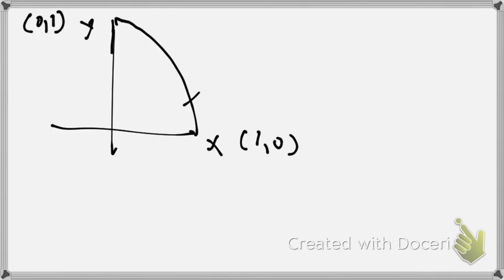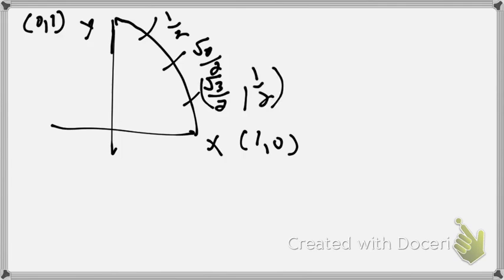Since it's going from 1 to 0, we're decreasing, right? So square root of 3 over 2, square root of 2 over 2, 1 over 2, 1 half. So 30, 45, 60, and 90.